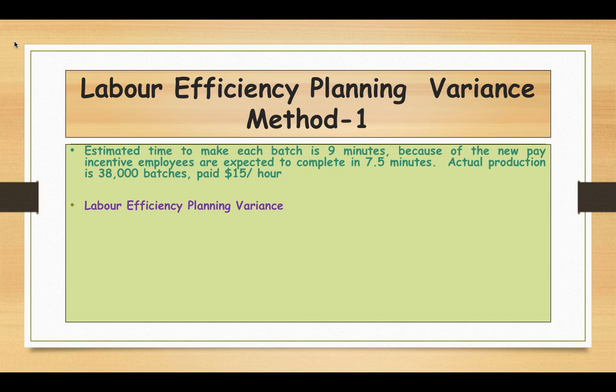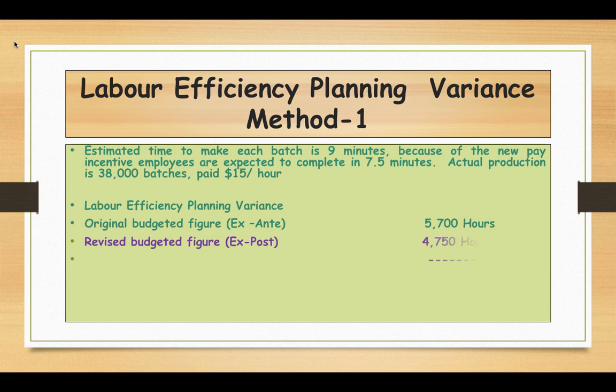So we are going to see the ex ante figure, which is our original budgeted figure. 38,000 batches they have produced. According to the original standard, 9 minutes per batch. Converting that into hours, 9 divided by 60. So 38,000 times 9 divided by 60, we will get 5,700 hours.